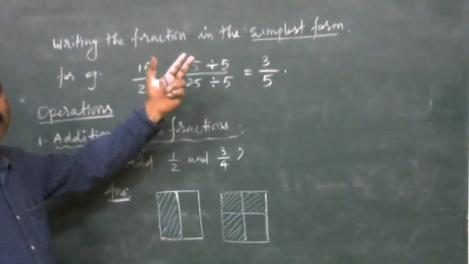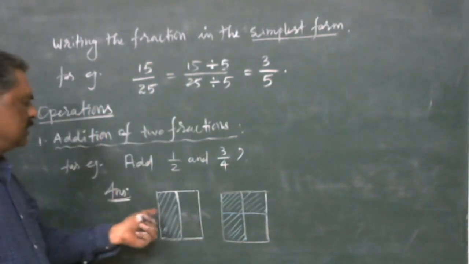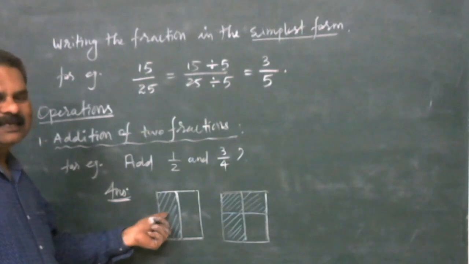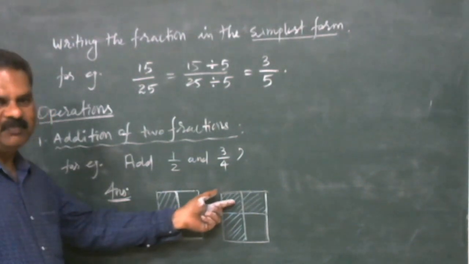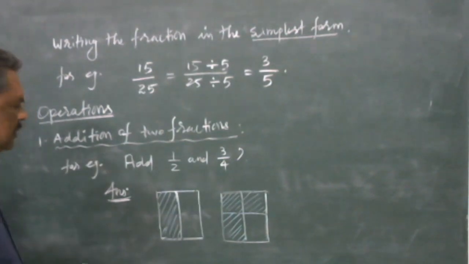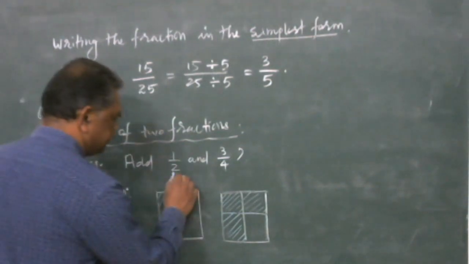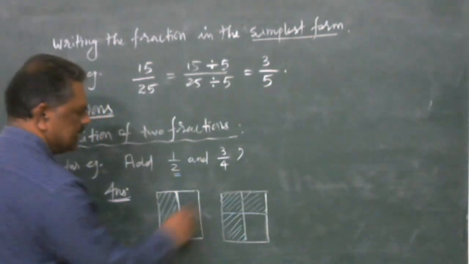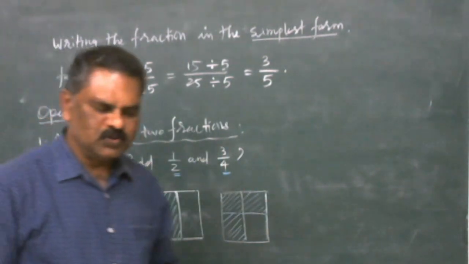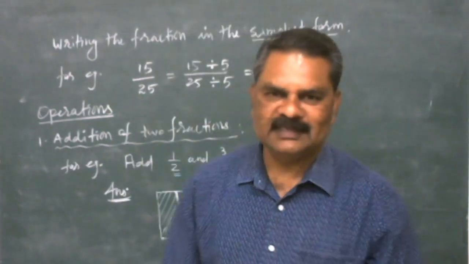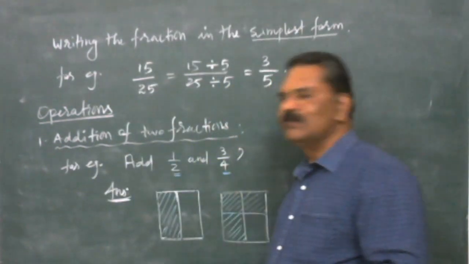Just now I have told you equivalent fractions. So we need to further divide this into the same equal pieces. Here 2 parts are there, here 4 parts are there. Those who know a little bit of mathematics will do this sum very quickly.